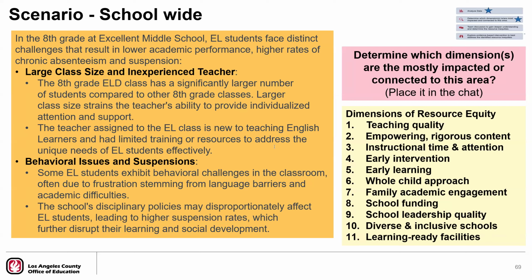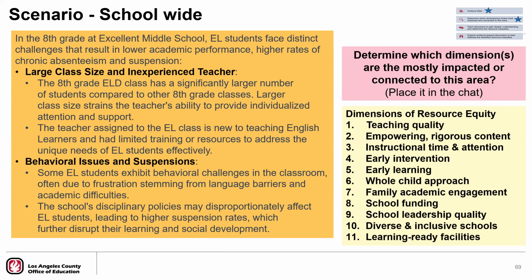The EL class is notably larger than others, which strains the teacher's capacity to provide personalized work. And the teacher is new to the field and lacks in-depth training for teaching EL students. Additionally, some EL students demonstrate behavioral problems stemming from language barriers and academic struggles, resulting in higher suspension rates and further hindering their educational and social progress.